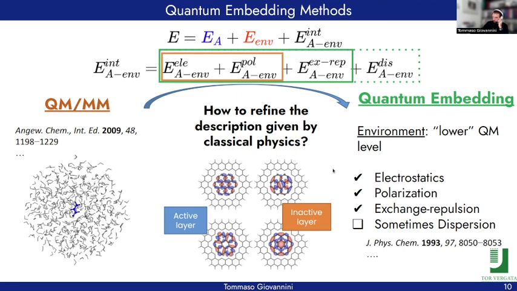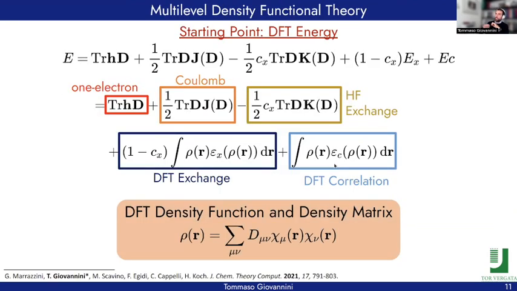What does it mean? I will show you for a specific approach that we have developed, that is multilevel density functional theory, where the starting point is the DFT energy written in terms of the density matrix. Okay, this density matrix, you probably write standard DFT energy in terms of the density function, but these are related.